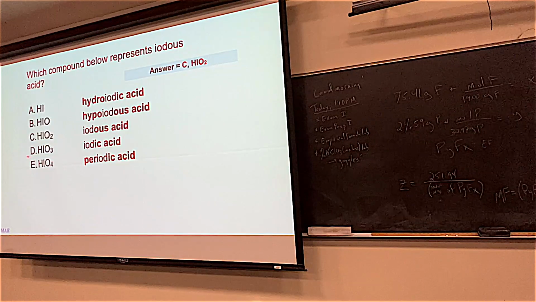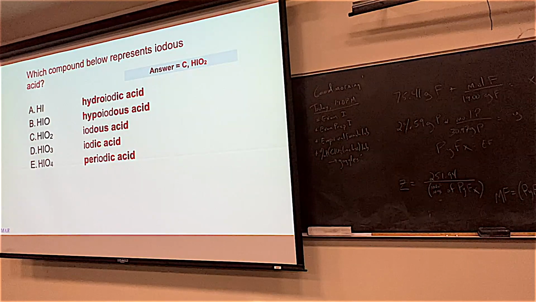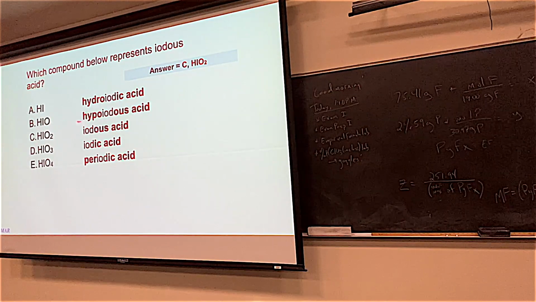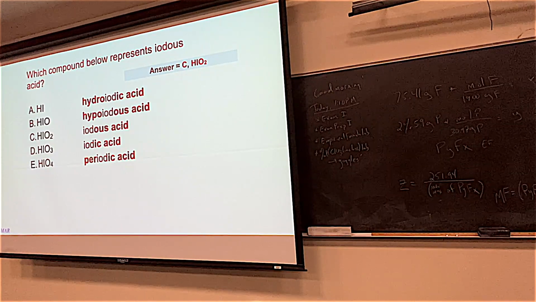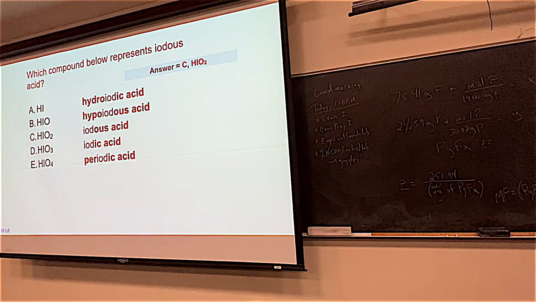Then from the common ion, with one less oxygen, you get the OUS ending, so iodous acid. You can sometimes go even one less oxygen, to HIO, which gets hypo-ous, hypoiodous acid. And sometimes you can even add an oxygen to the most common one.